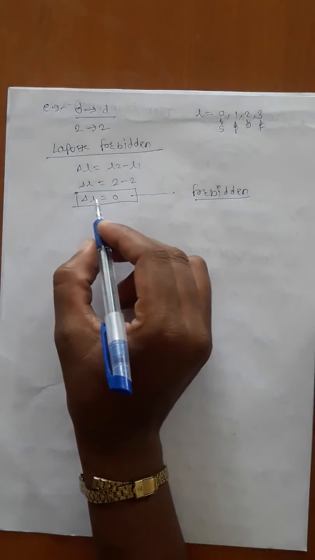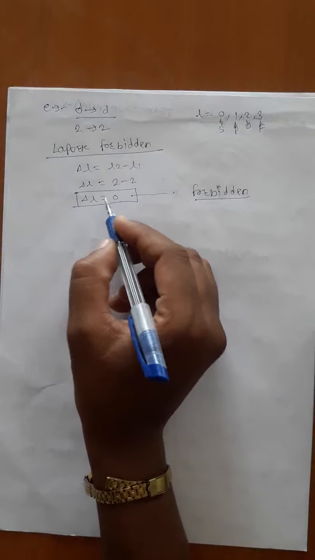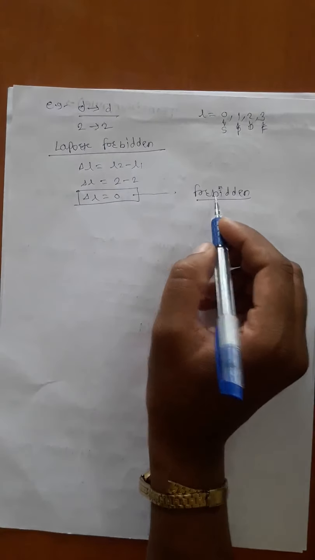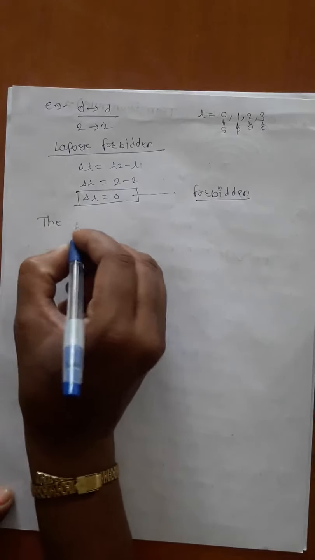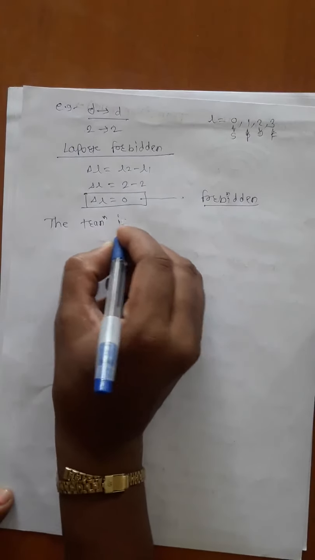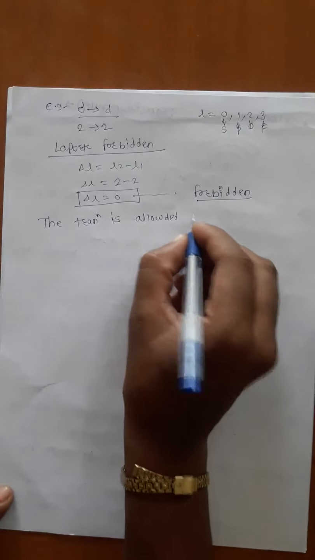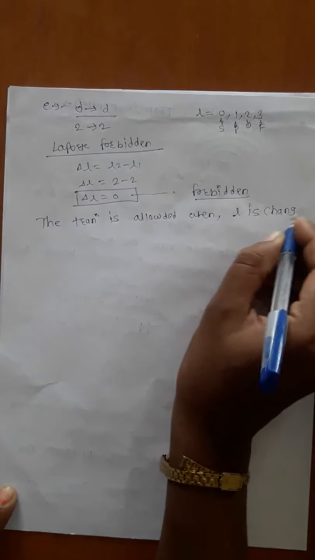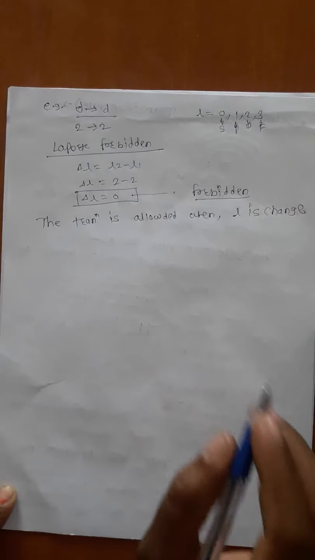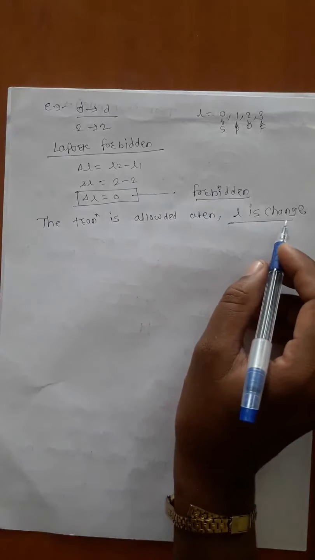How do we decide the value of delta L for which the transition is allowed? The transition is allowed when the value of L is changed.